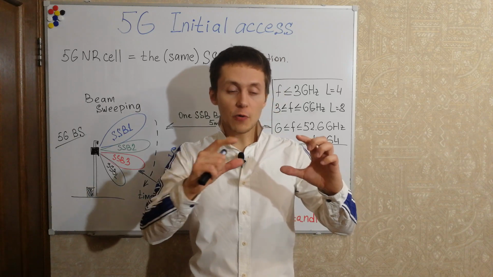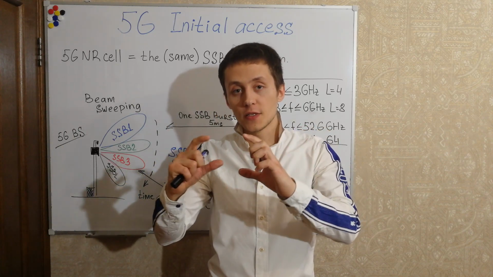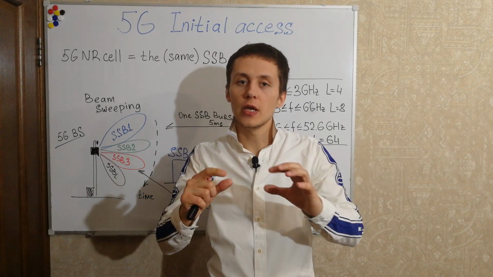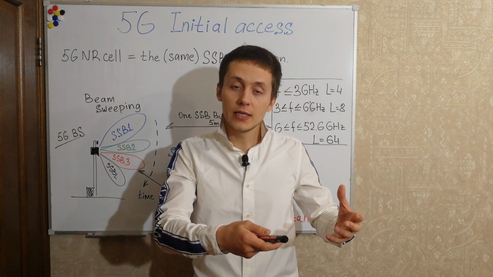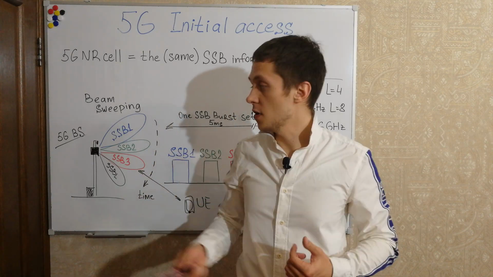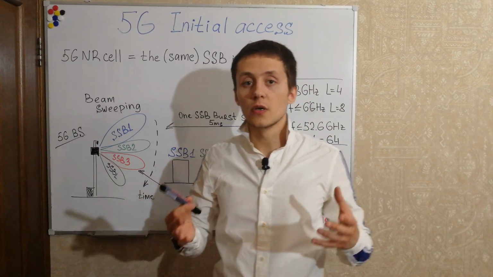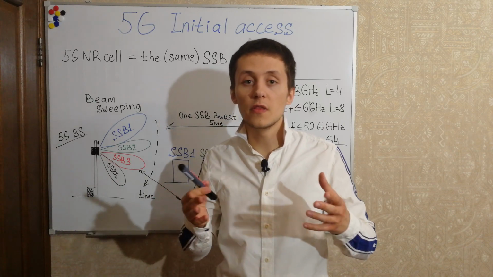So when the user equipment is powered on, it starts with cell search and cell selection. Actually, it starts with PLMN search and PLMN selection to perform downlink synchronization with 5G base station and do it with the proper mobile operator in the best condition.